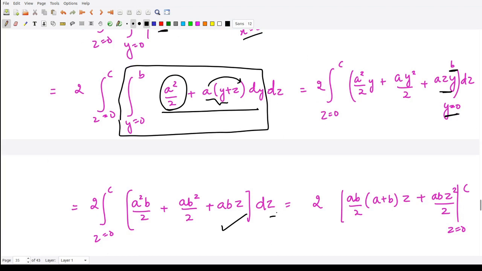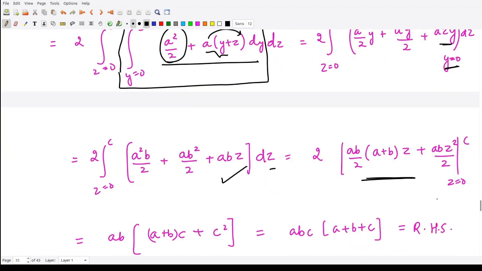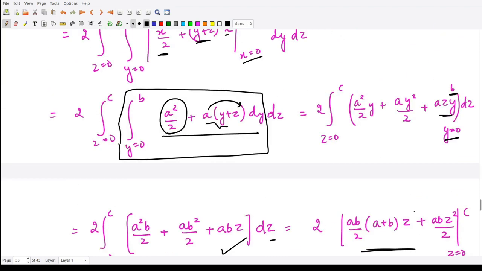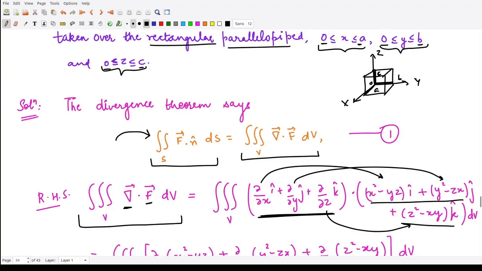Now what is that integration? That is simply this one, and then you substitute the limits for z, that becomes equal to abc, a plus b plus c. So this is your right hand side. So mark this as your right hand side for equation number 1, right? So we have just calculated this much portion.